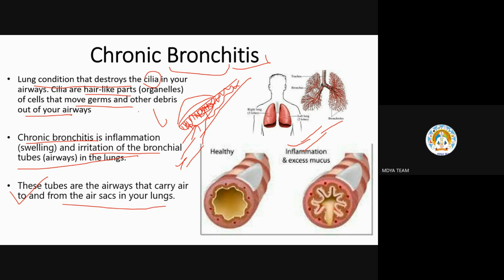Ma'am, will it not be destroyed by things like nasal polyps? Any external factor, like smoking, or external exposure to harmful chemicals, will destroy this. Yes. Hmm.